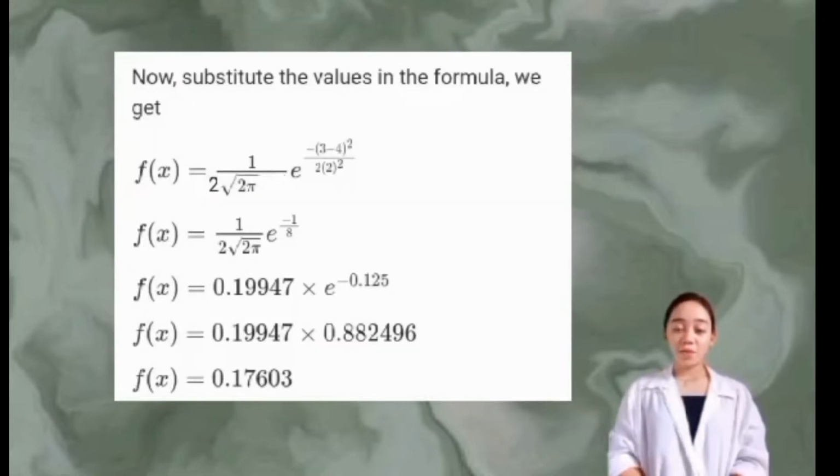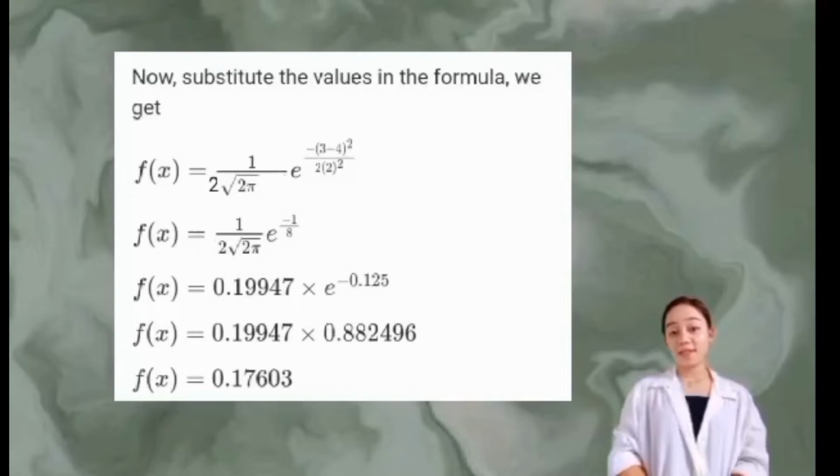So here, we come up with f of x equals 1 over 2, since 2 is our standard deviation, times the square root of 2 pi, times e to the power of negative 3, which is our random variable, minus 4, which is our mean, squared, over 2 times 2, which is our standard deviation, squared.